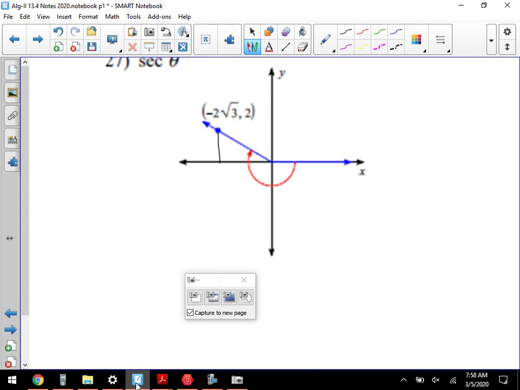You have ordered pairs. Your ordered pair is the negative 2 root 3, 2. You have to solve for the radius. Remember how we did that? The radius was the square root of x squared plus y squared. Well, obviously when you square the negative 2 root 3, it has to become positive.